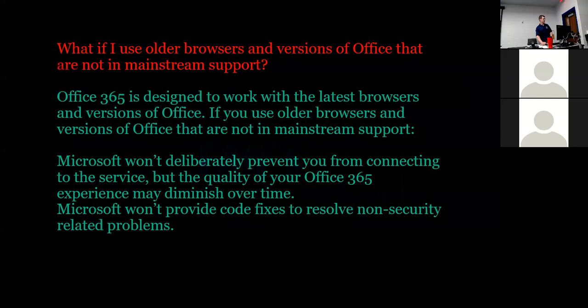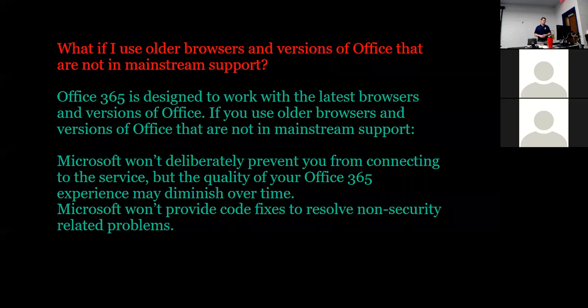Frequently asked questions. What if I use older browsers and versions of Office that are not on mainstream support? Office 365 is designed to work with updated browsers, the latest versions. If you use older browsers, you may see some loss of functionality. Microsoft will not deliberately prevent you from connecting to the service, but the quality of your experience will diminish over time if you're not updating your browser.